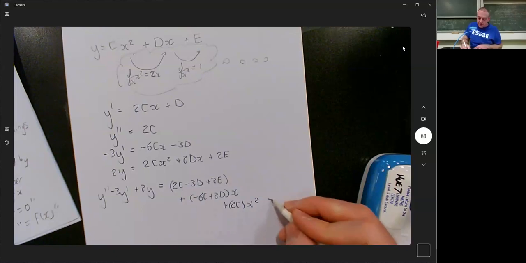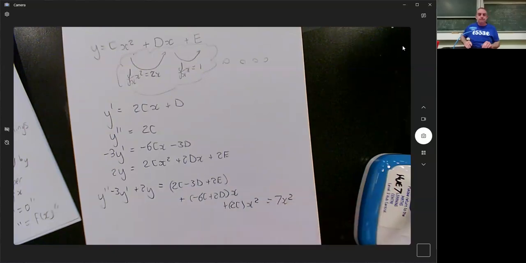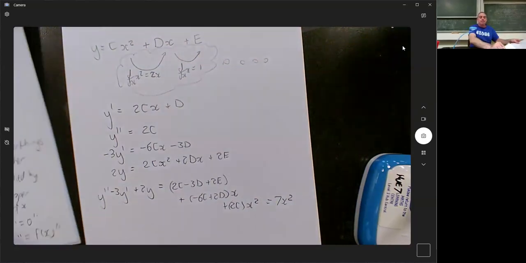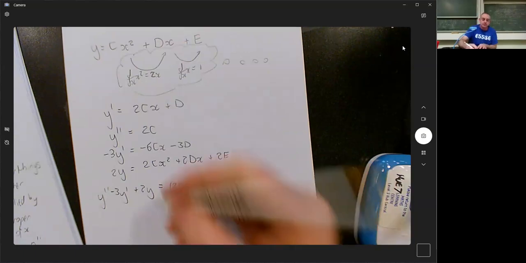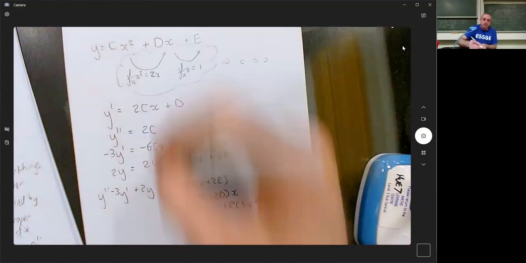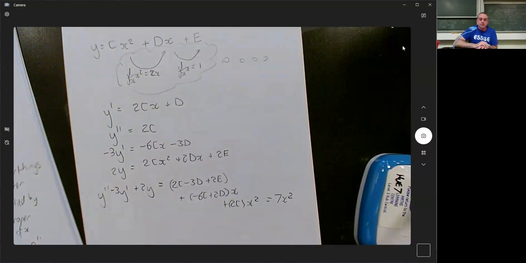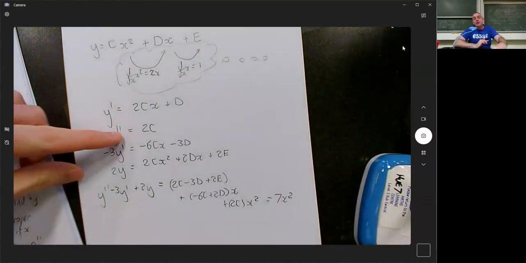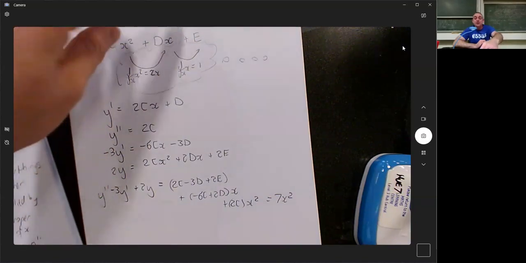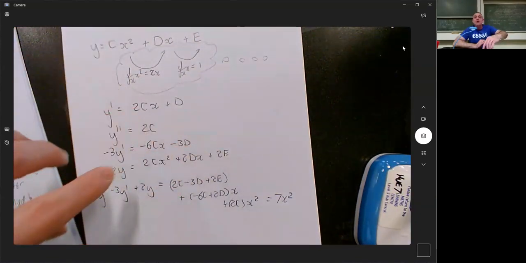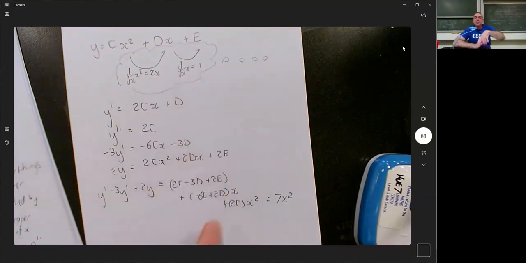And all of this is supposed to be 7x squared. How are you feeling about the working I did there? I find it easier to write it down the way that I did, multiplying each of them by the coefficient next to it as a separate equation, because then everything's lined up and it's easier for me to add them together.